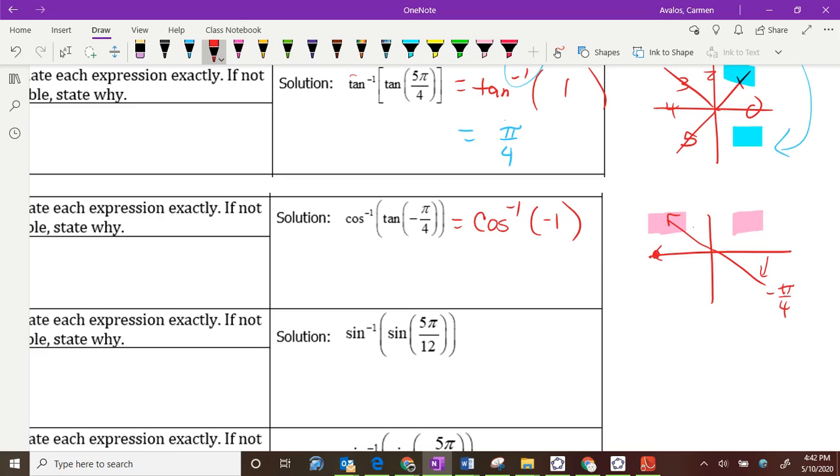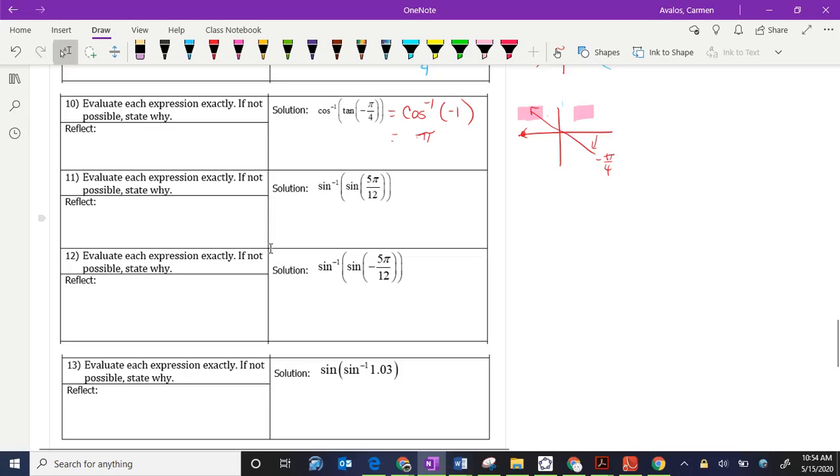So in this case, this is the answer right there, and it's going to be pi. Again, radians, so this one has to be radians. It cannot be 180 degrees there. And so that is the answer to that one. So in this problem here, we have 5 pi over 12.